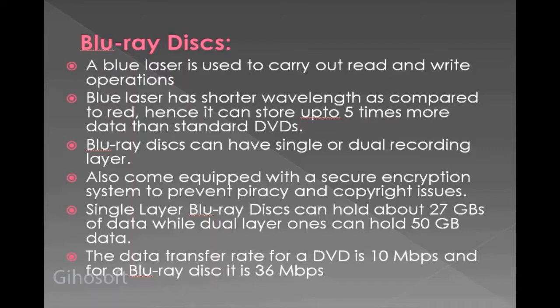If you are using a laser light with shorter wavelength, the concentric tracks or the spiral tracks which you make would be of less width. That means on the same disc you can add more tracks, and it can store up to 5 times more data. Means one DVD is of 4 GB and one Blu-ray disc is roughly 20 or more than 20 GBs.